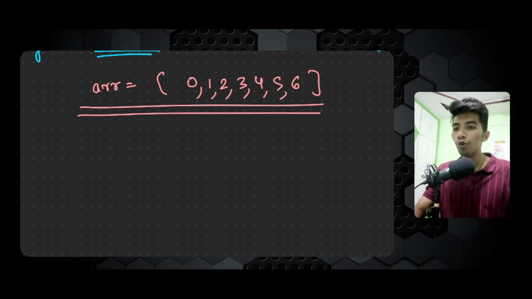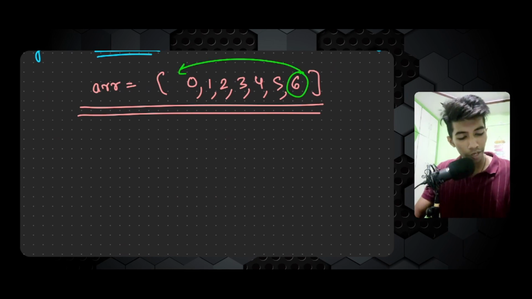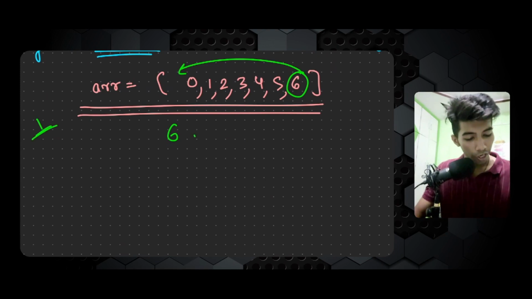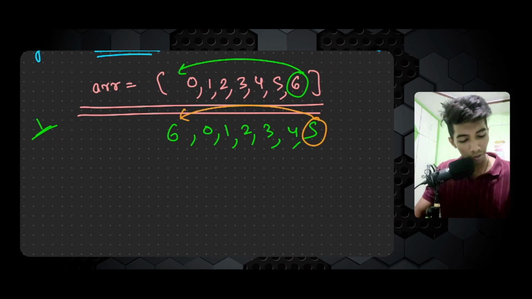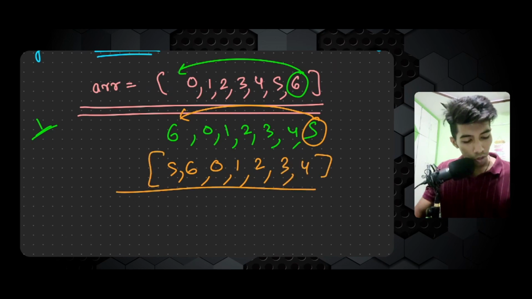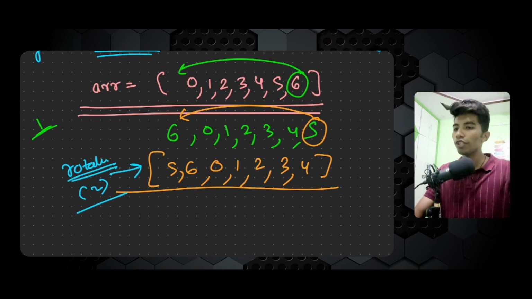Now if I do 2 rotations here, then this 6 will come here and then this 5 will come. After 1 rotation it will look like this. Since I have to do 2 rotations, this 5 will come again here. So this is the array which I got after the rotation, and the number of rotations is 2.